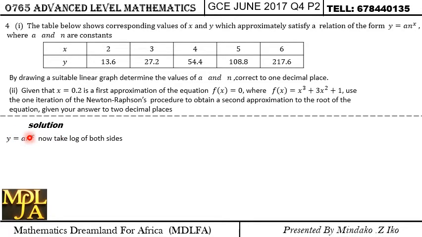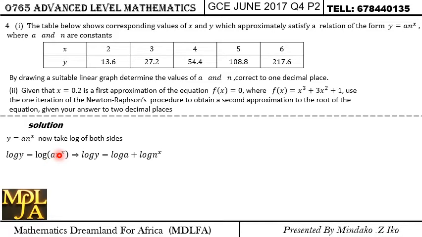So taking log of both sides, we have log y equals log of a n to the power x. By applying the laws of logarithm, we notice that when a term is multiplied by another term, we actually use the addition sign.